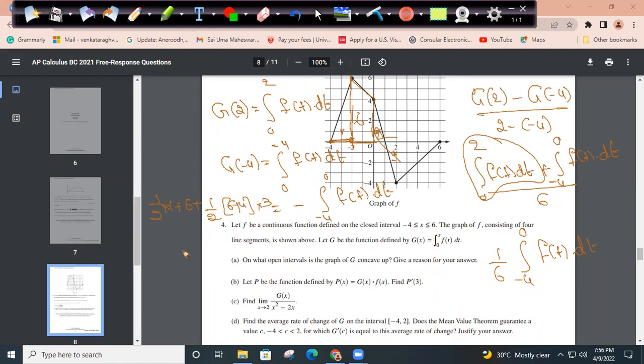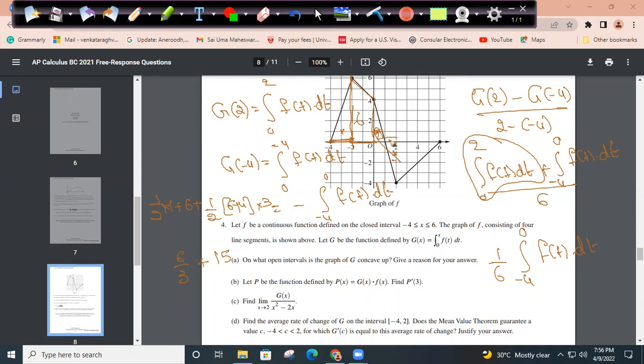So 6/3 plus, what is this? 15. So 6/3 plus 15. I'm doing it correctly, right? Yeah. Base is 3, height is 6 plus 4, half into the sum of the parallel sides into height.